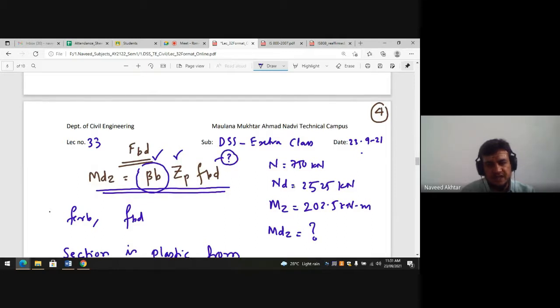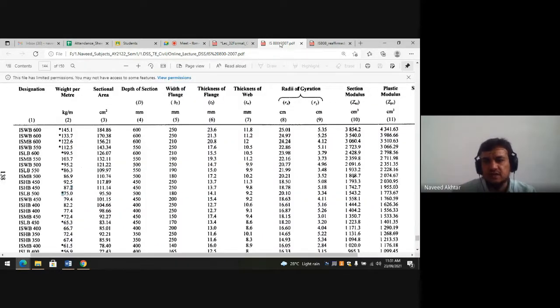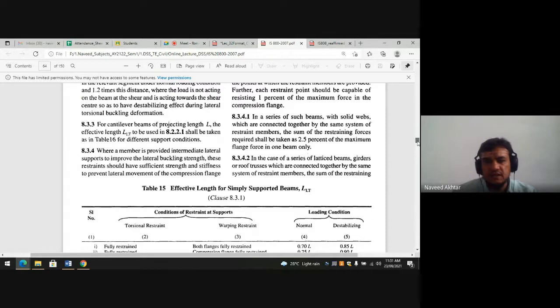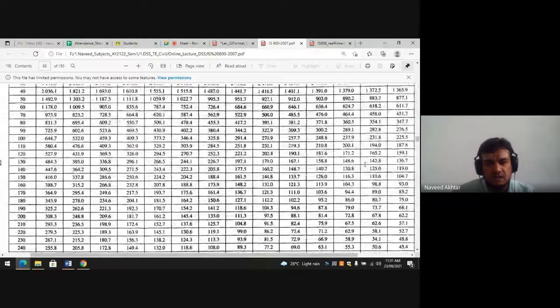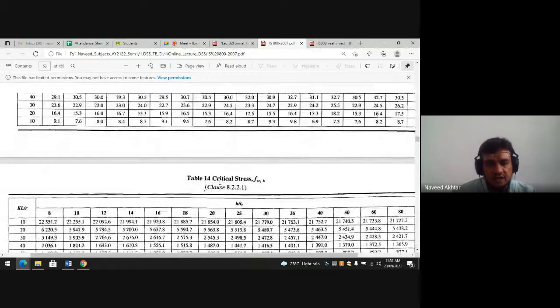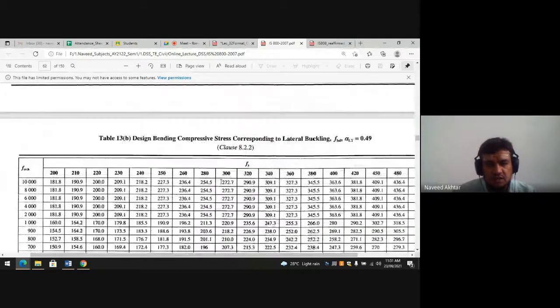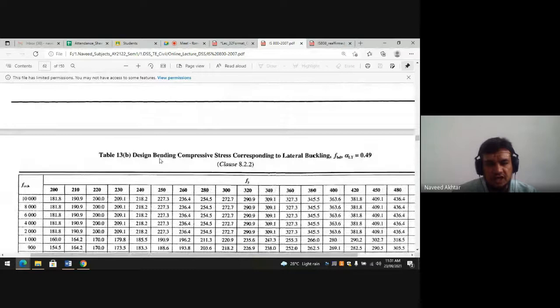So FBD you can find out from the empirical equation as I have explained, or you can find out from the table. Table number is 14, 13A or 13B.